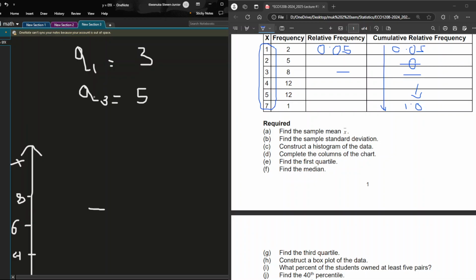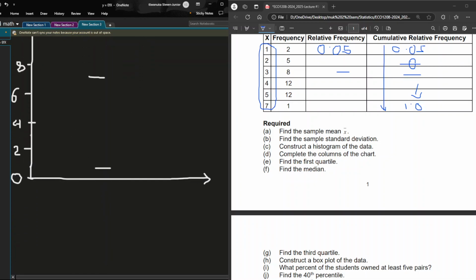Q1 is 3, Q3 is 5. 3 is here, and then 5 lies below 6. Yeah, so we draw our box plot, then connect the endpoints.